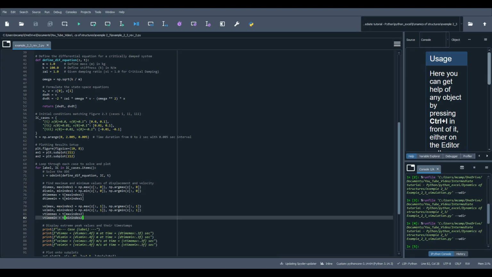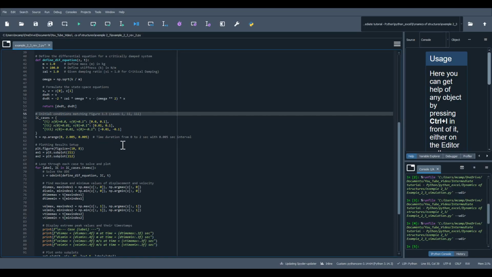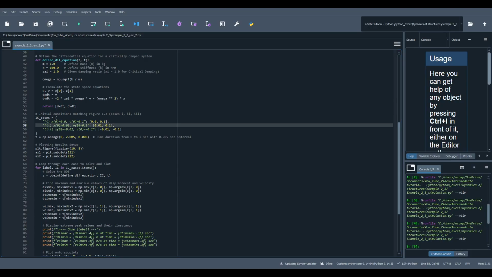In line 56 we set the initial conditions. For case 1, the displacement at time 0 is equal to 0 and the velocity is 0.1. For the second case, the initial displacement at time 0 is 0.01 and the velocity is 0.1.